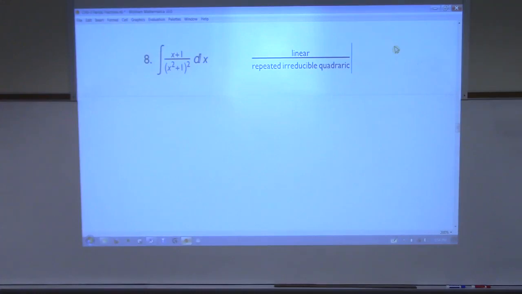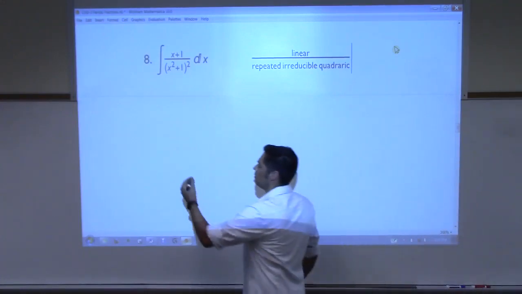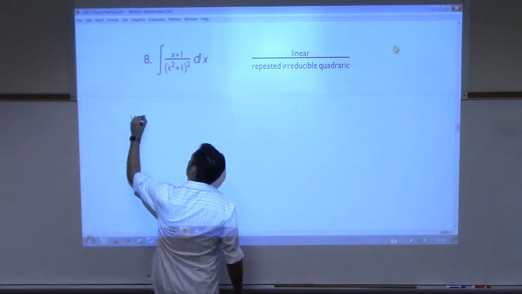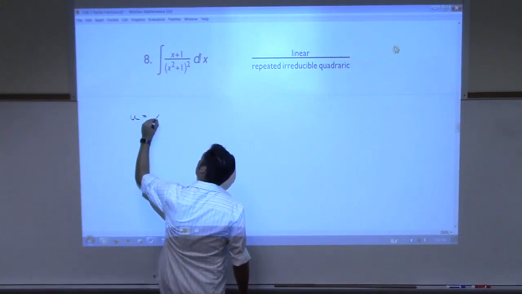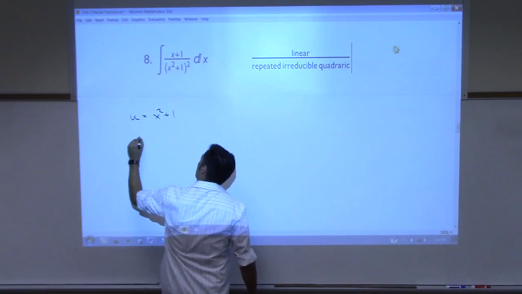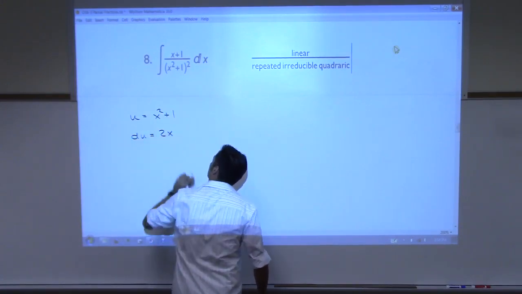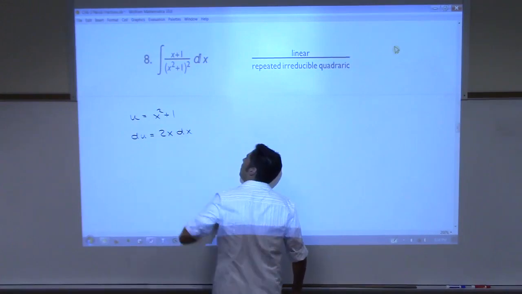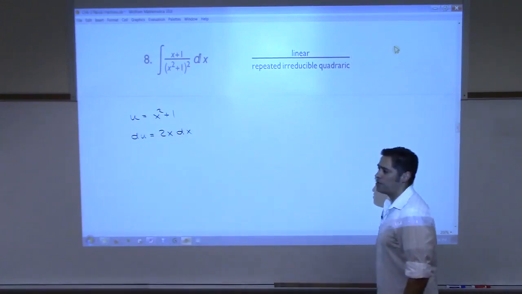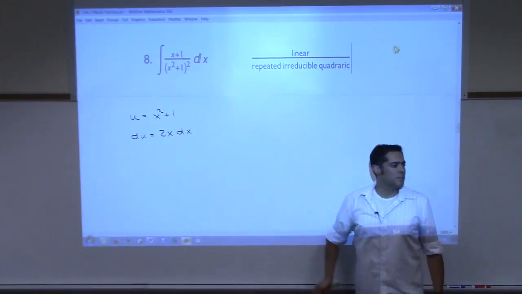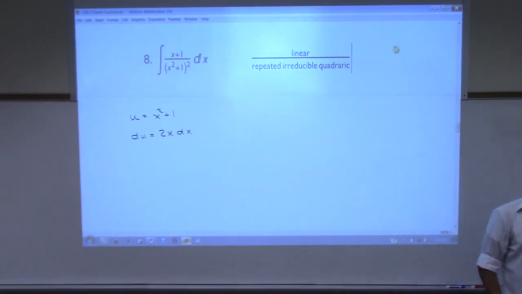All right? So I'm going to let u be what's in the parentheses there, x squared plus 1. What's the derivative of that? 2x dx, right? I'd really like to force the numerator to be 2x. Just 2x.